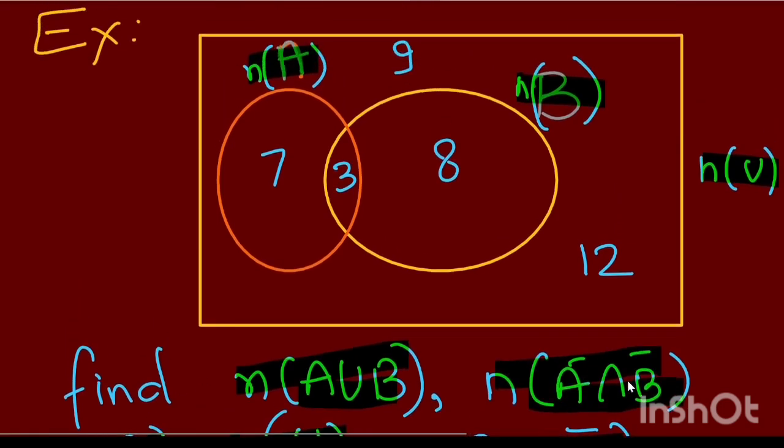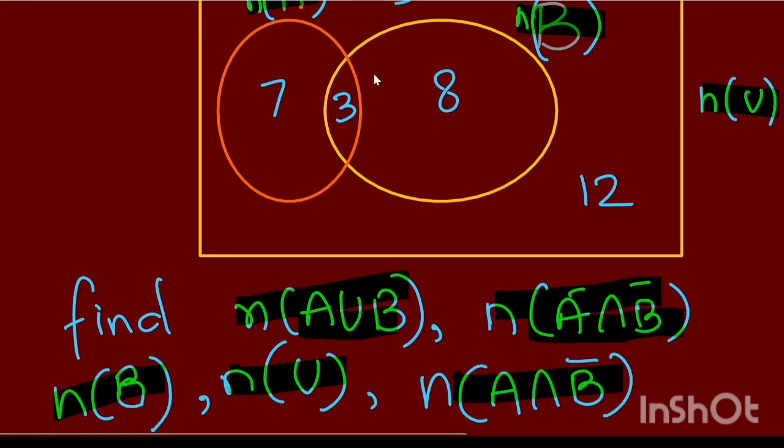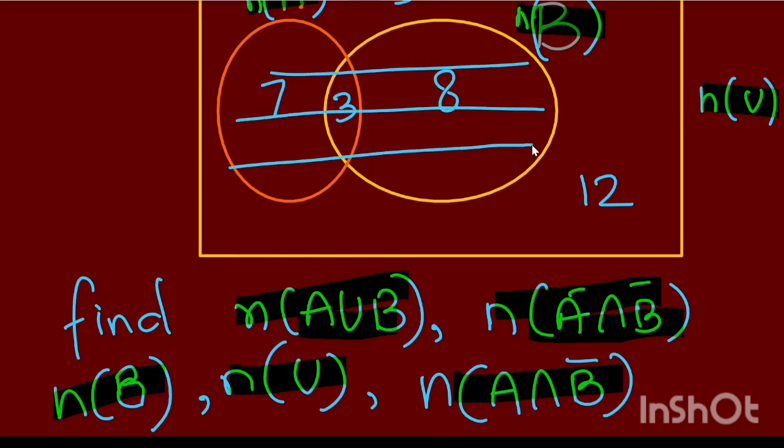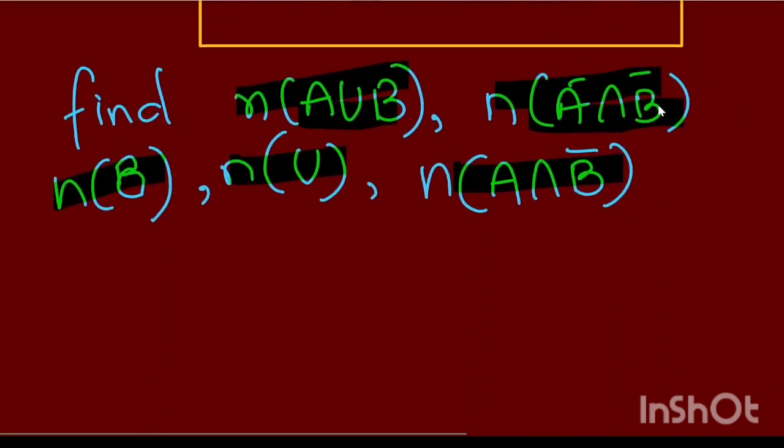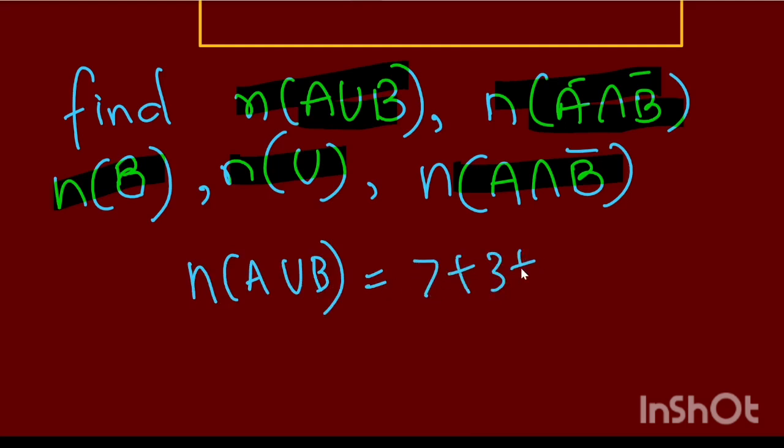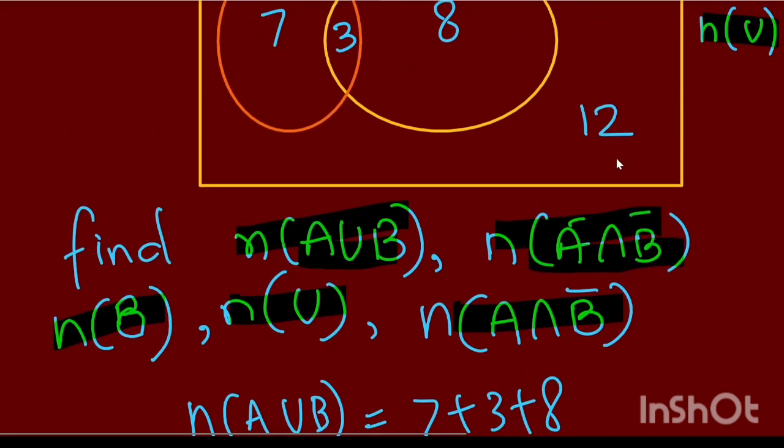So guys, n A union B, if you see from the figure, is this whole area where 7, 3 and 8 are there. The sum would be 7 plus 3 plus 8, which is 18. Now A bar intersection B bar is clearly, as you can see here, neither A nor B, which is 12. So we can directly say this is 12.